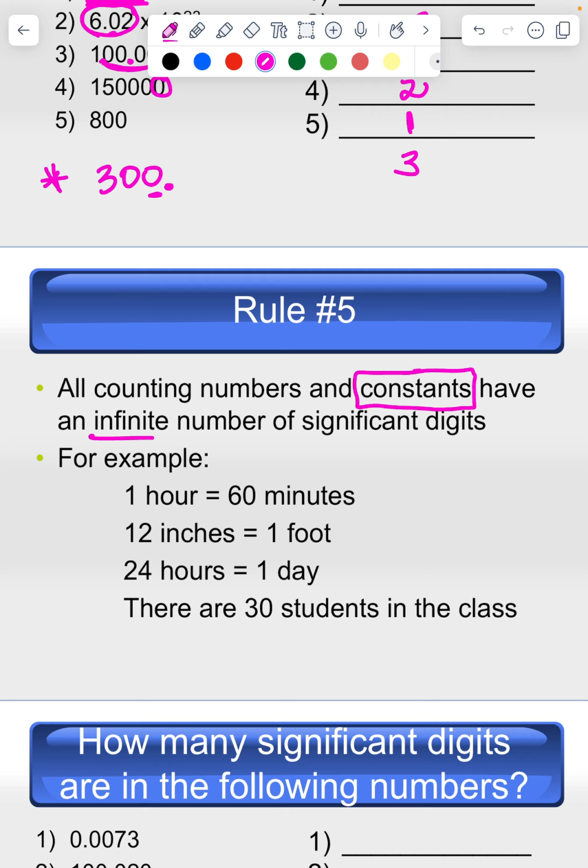We'll have things like gravity. Acceleration due to gravity is always going to be negative 9.81 meters per second squared. We're never going to use that in our number of sig figs, because that is a constant. The only time that we're ever going to use a number of sig figs is whenever it is given to us, whenever it's a given.